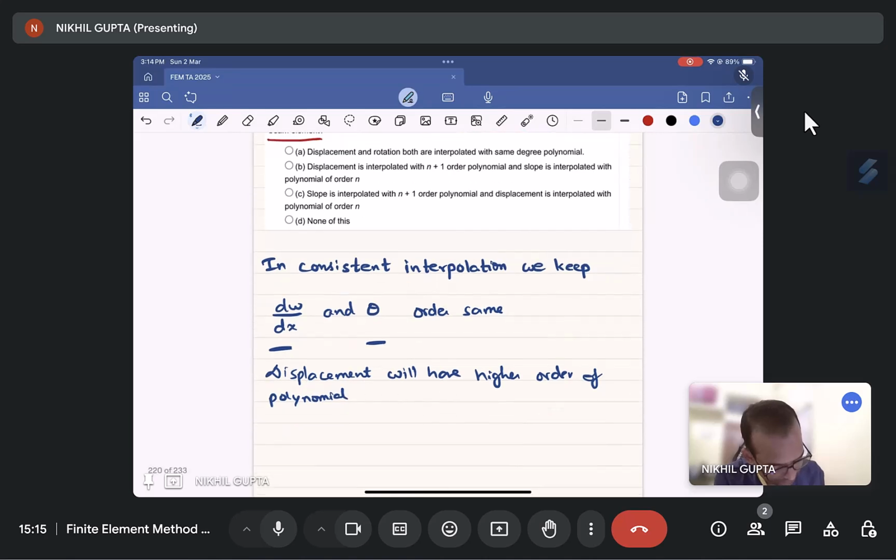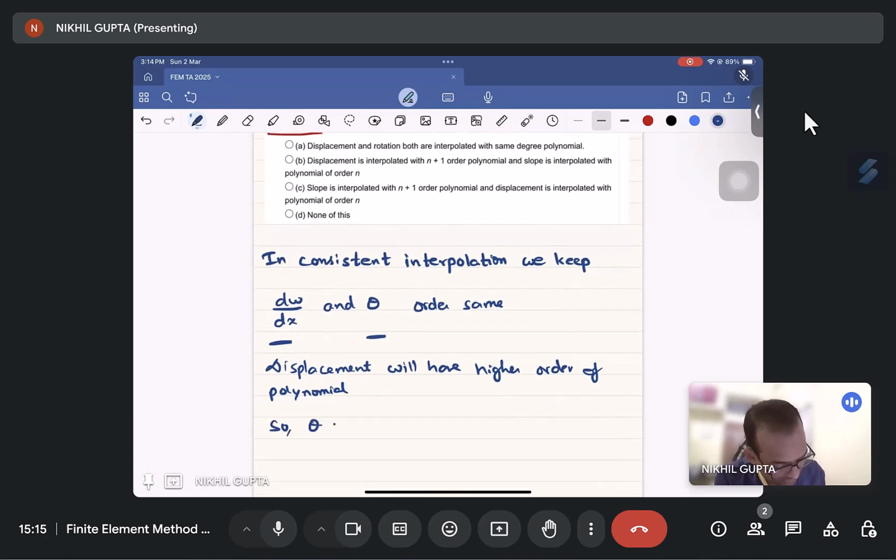So if theta is of order n, then displacement will be of order n plus 1.